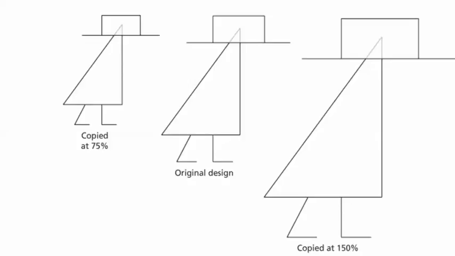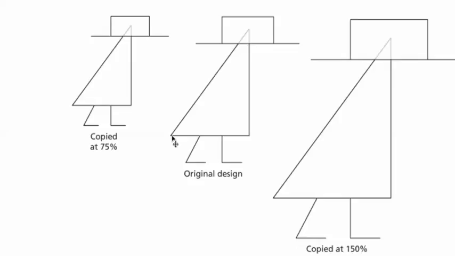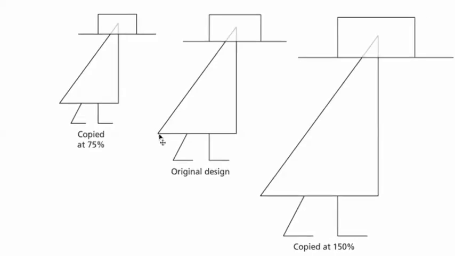For the original side length and the copied at 75%, the copied at 75% will be 3/4 the size of this line segment, this side length.